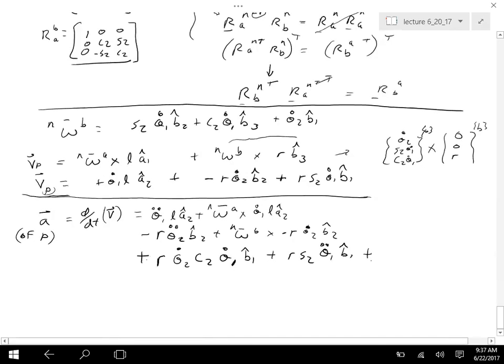And then the third term is the derivative of the b1, so it's omega b with respect to n crossed with this vector r sine theta 2 theta 1 dot b1. That's my acceleration. Lots of terms. I've got to simplify that some, but that's my acceleration.